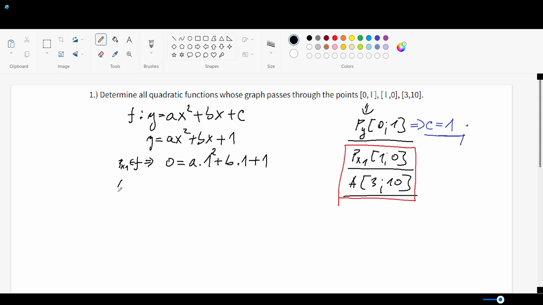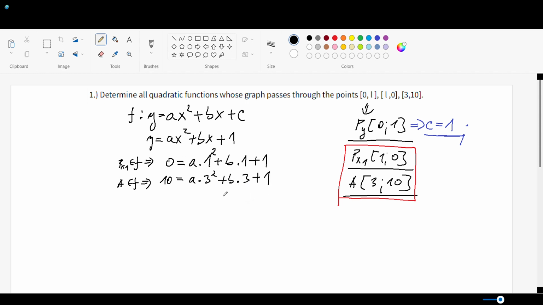And as the other point belongs to the function as well, we will get the equation 10 is equal, because 10 is y in our equation, to a times 3 squared, because x is equal to 3, plus b times 3 plus 1.